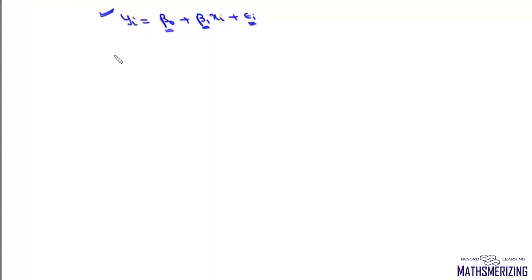So suppose we have some function S, which is a function of beta naught and beta 1, and it is summation ei square, and it will be given by summation of yi minus beta naught minus beta 1 xi, whole square. Now in the method of least squares, we wish to minimize this sum of squares of vertical distances, or sum of squares of these errors.